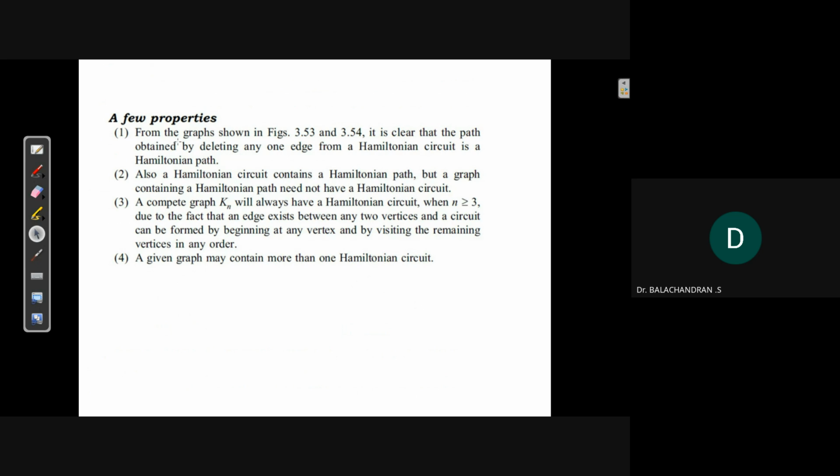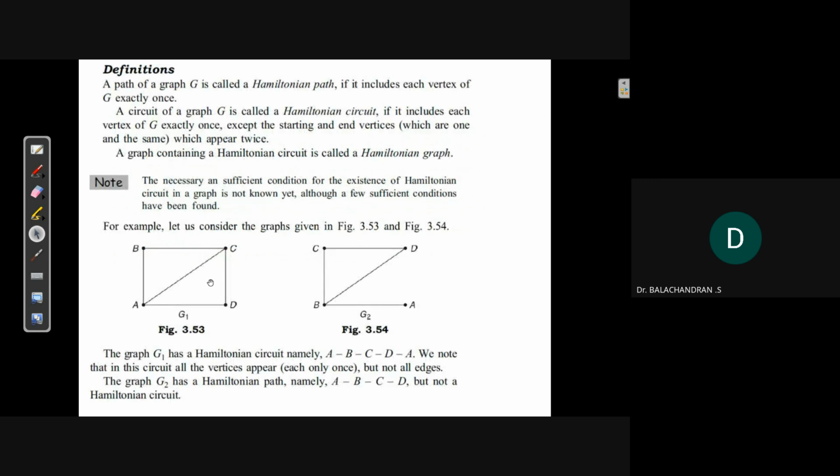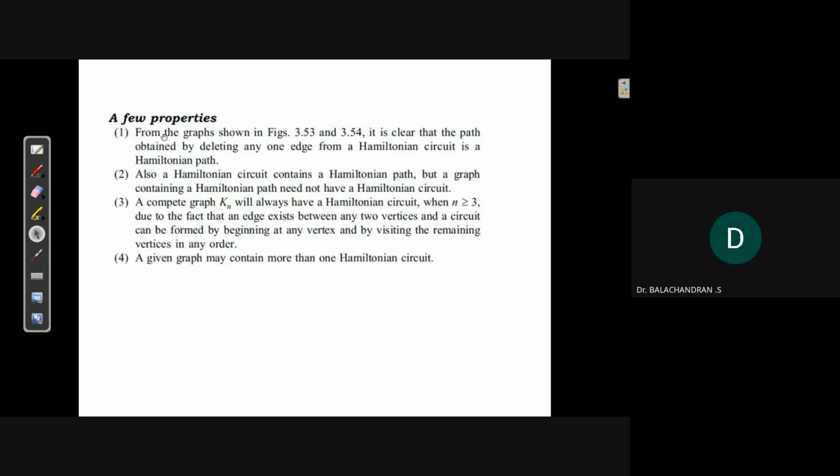Now a few properties. From the graphs shown in the previous two figures, it is clear that a path is obtained by deleting one edge from the Hamiltonian circuit. Suppose I delete this edge from the Hamiltonian circuit, we will get a Hamiltonian path like this. So that is property number one.